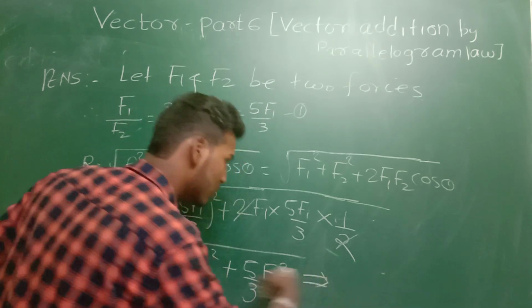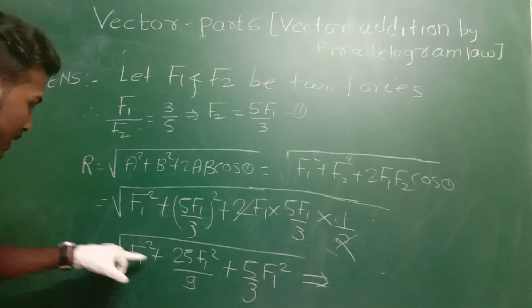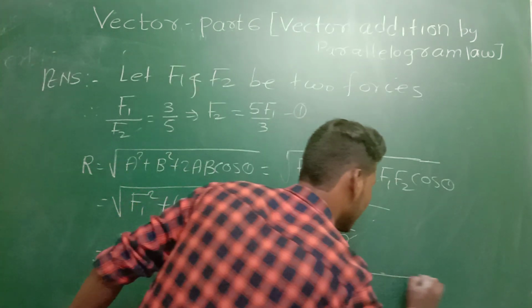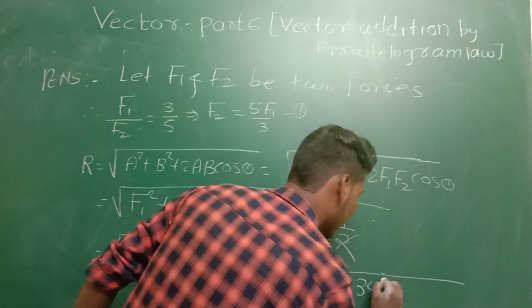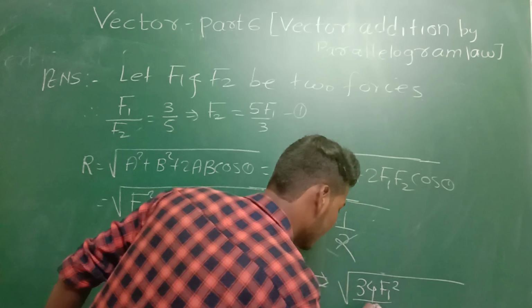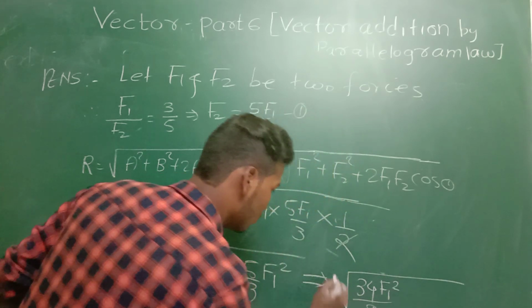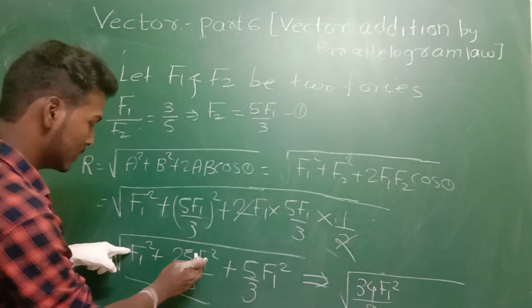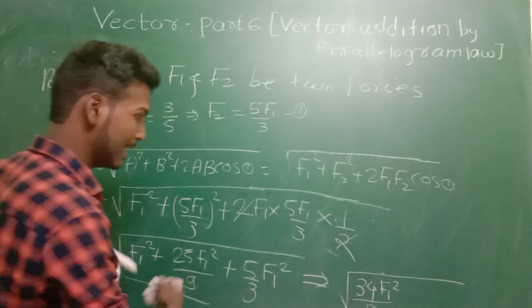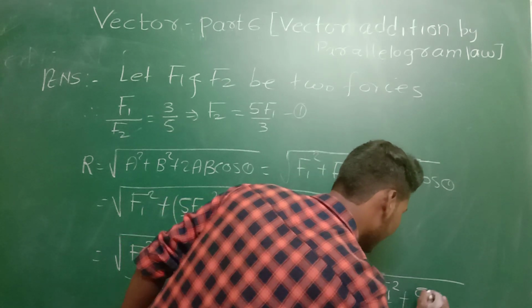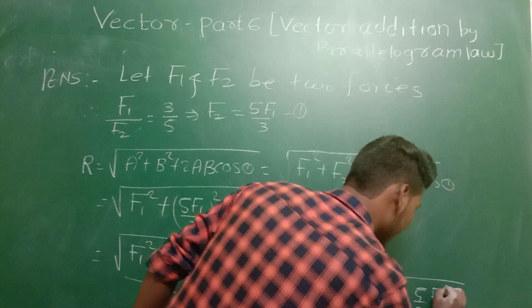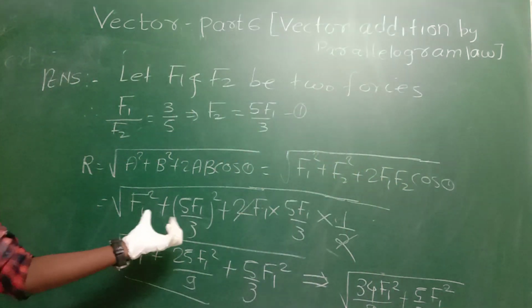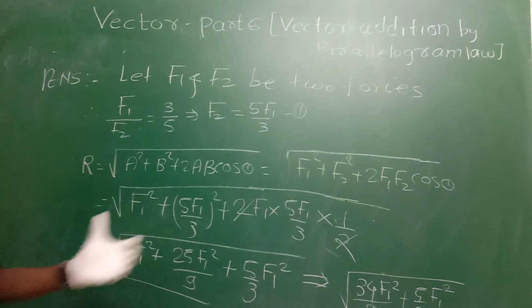So that will be 9 F1 square plus 25 F1 square, which is 34 F1 square divided by 9, plus 5 by 3 F1 square. It's very easy, just mathematics, note it down.